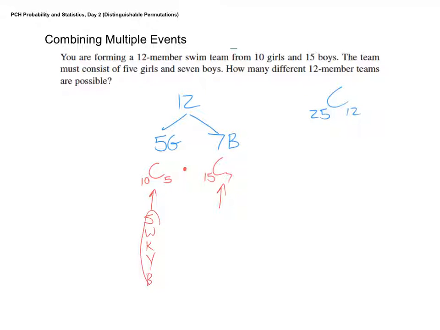For that, we have this many different combinations of 7 guys. Right. And that's just with one of the combinations of girls. So now every one of those combinations will have that many combinations of guys. So that's why we've got to multiply them. Okay? Thank you.